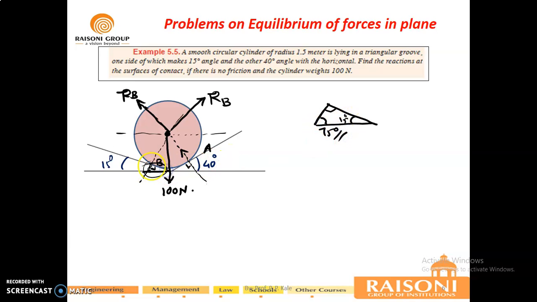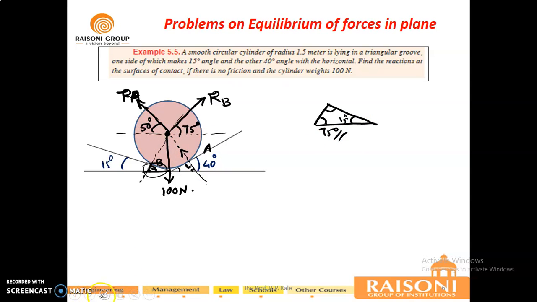So as you got the reactions, normal reaction at B is horizontal inclination 75, so you can put it over here also. This is 75°. Similarly you have to find the, sorry, this is RA, okay, from contact surface A. Similarly you have to find the inclination of RA with respect to horizontal. Since this is 90, this is 40, this will be 50, so your inclination with respect to this is 50.